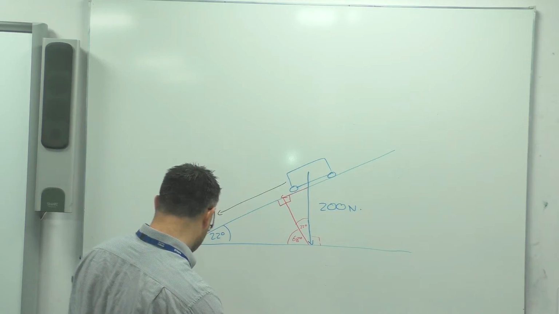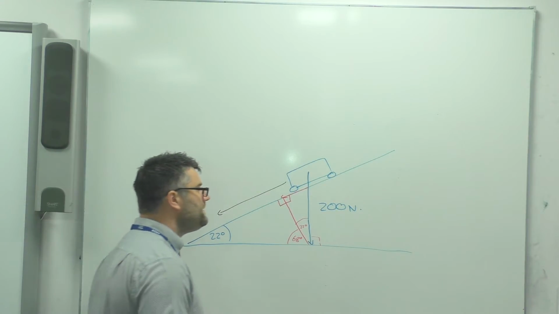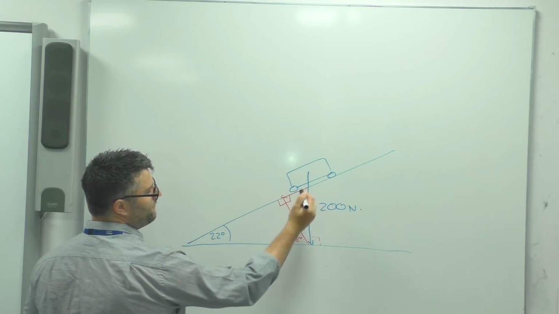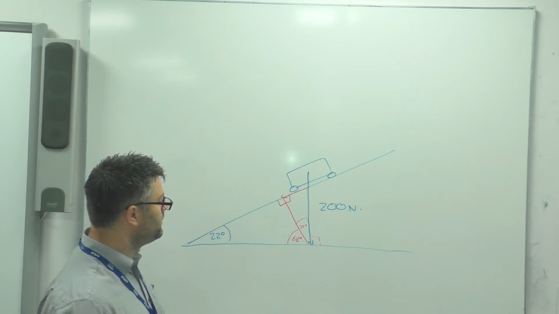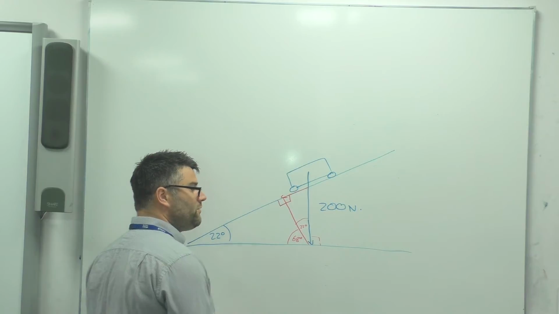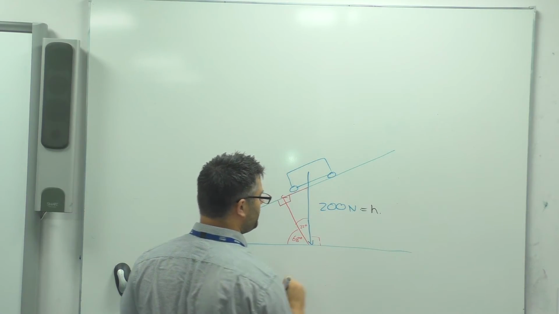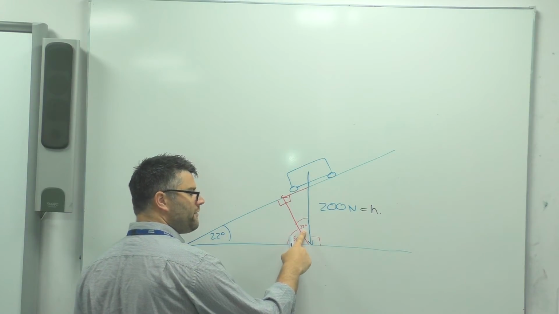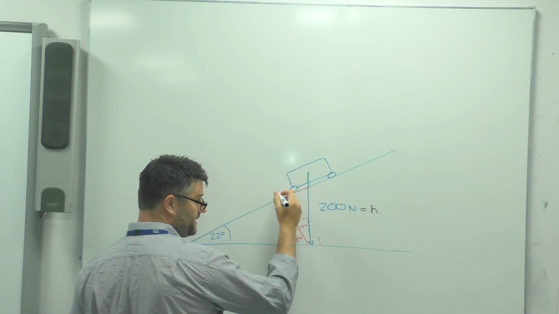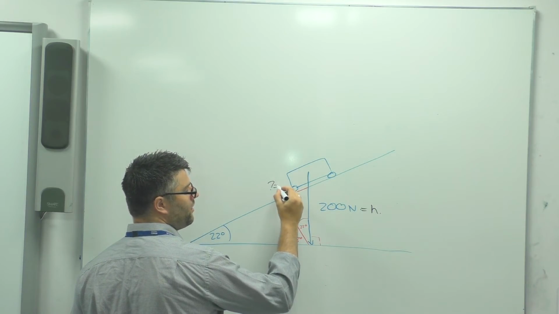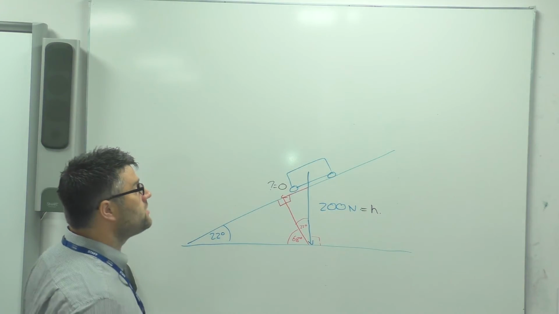Now, for the important part, we need to work out what our force down the ramp is using this vector triangle. So we need to identify the sides. We've already identified the 200 newtons as the hypotenuse. We've got our angle down here. So the side that we want to find out is the opposite. Back to basic trigonometry, SOHCAHTOA.